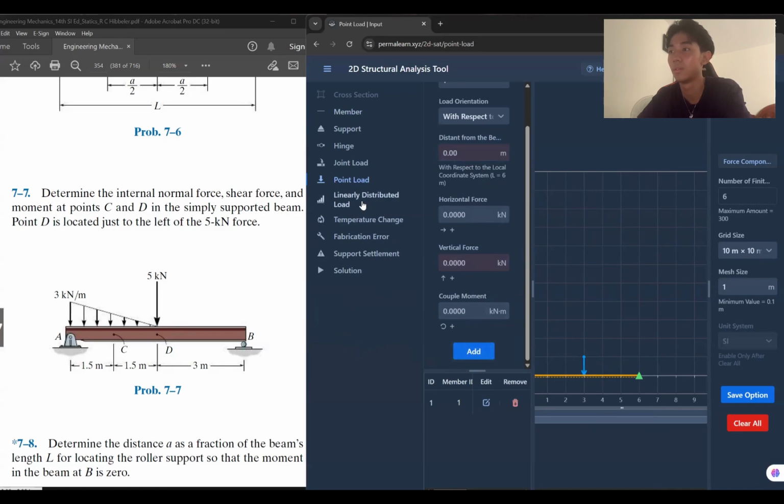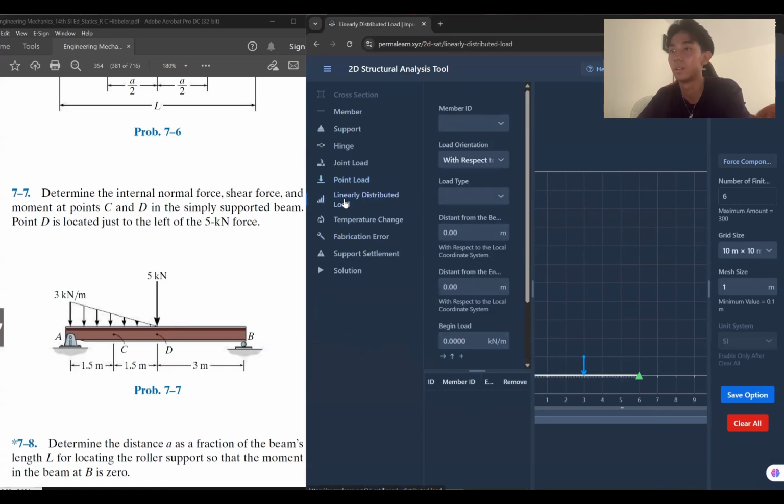So we also have another load, so let's add. It's on member 1, there's only one member, and our load type is vertical.